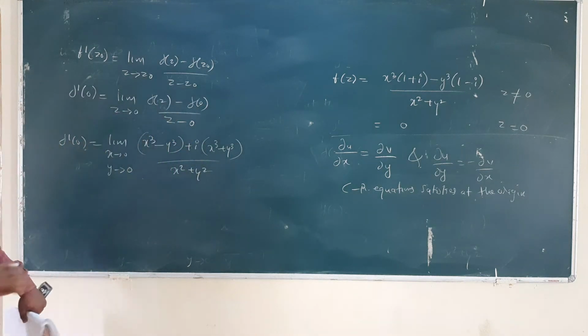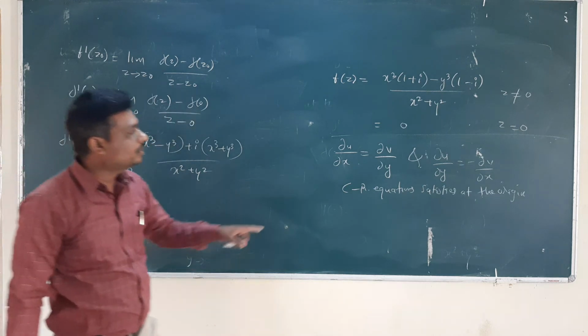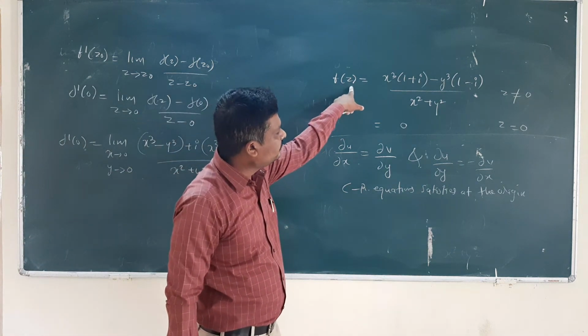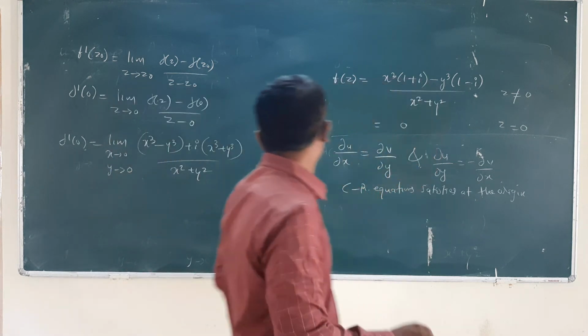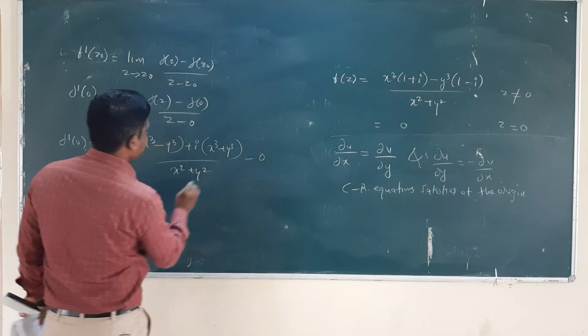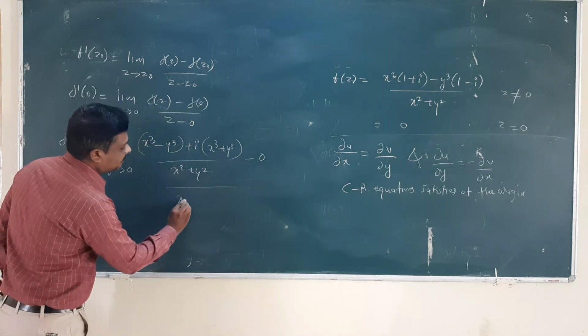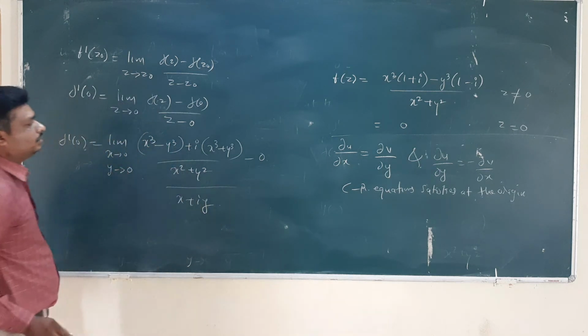So this is f of z, and minus f of 0. Here the function f of z is equal to 0 for z equal to 0, so f of 0 is 0, upon z. z is nothing but x plus i into y.